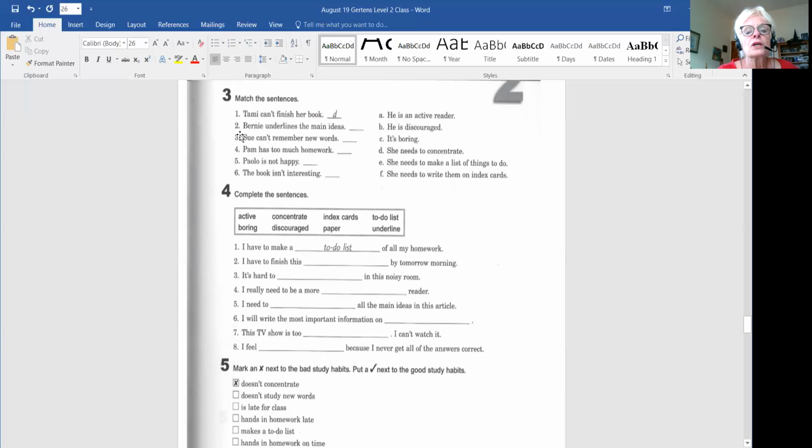Number 3, Sue can't remember new words. We decided that that goes with D. She needs to concentrate. Number 4, Pam has too much homework.